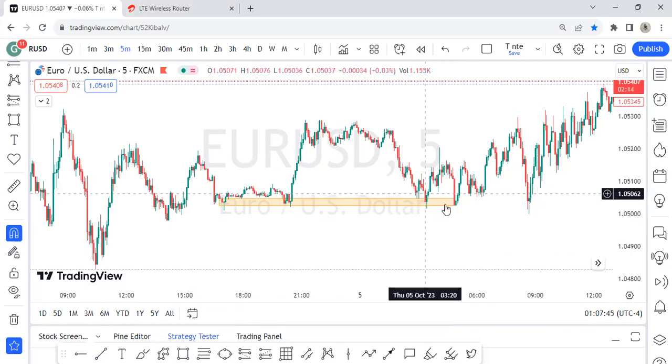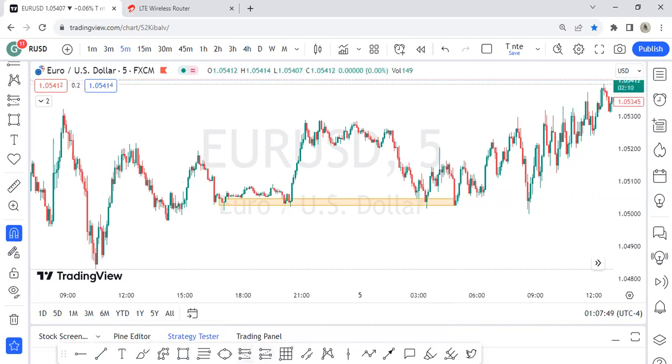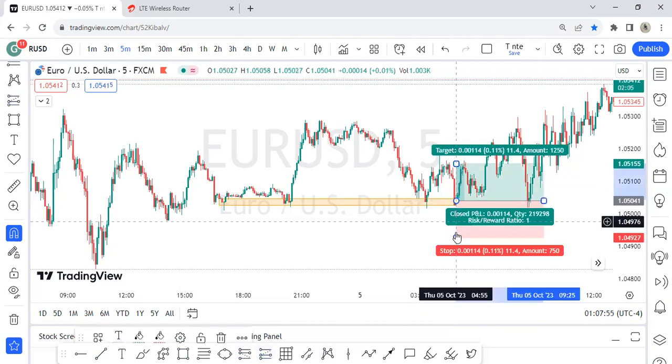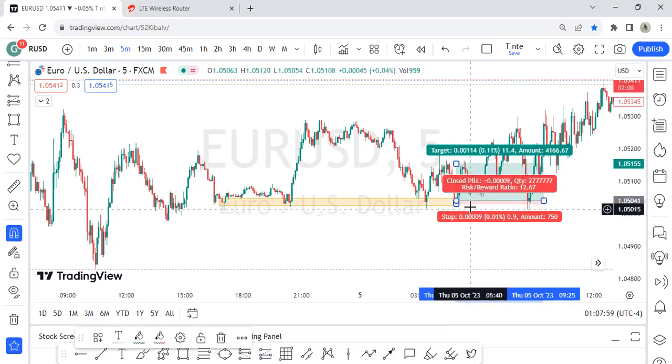If you are buying this, imagine maybe you bought here, somewhere around there, your stop loss will obviously be below this level by a little fraction.